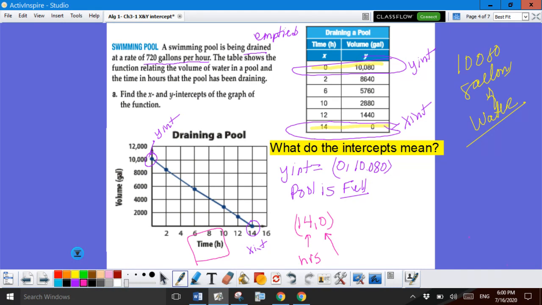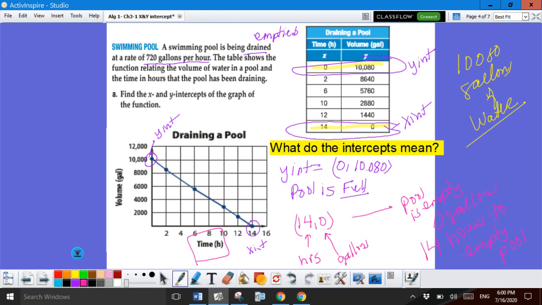What unit is the 0? You're right, that's gallons. So that means the pool is empty because there's 0 gallons. And it took how long? It took 14 hours to empty the pool.